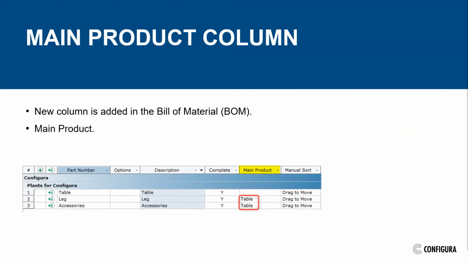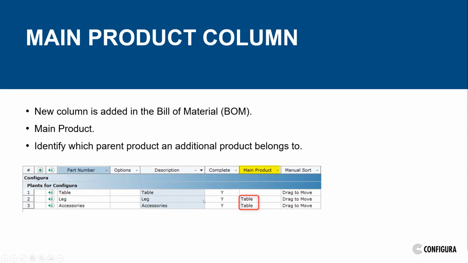In the screenshot below, the table is the main or parent product, and by referring to this main product column, you can tell that the leg and accessories are the child products for the table. So the user will be able to identify this if you turn this column on in your bill of material.